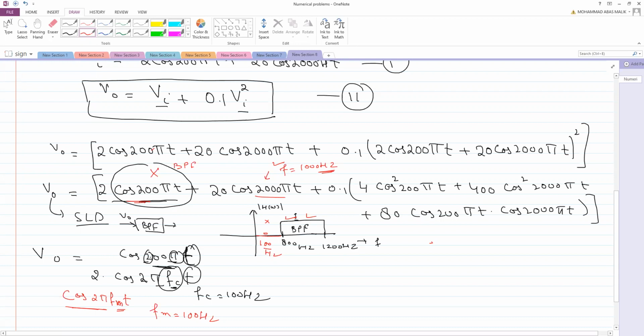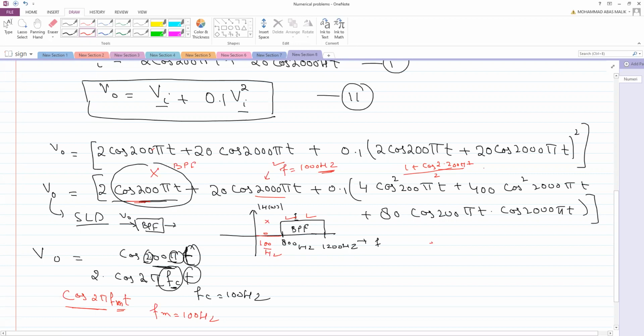Okay. Similarly, this is cos squared 200. You can write this as 1 plus cos 2 into 200 pi t, divided by 2, and you will get 1 plus cos 400 pi t.